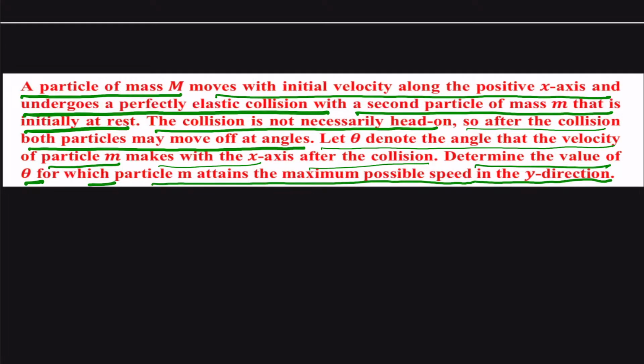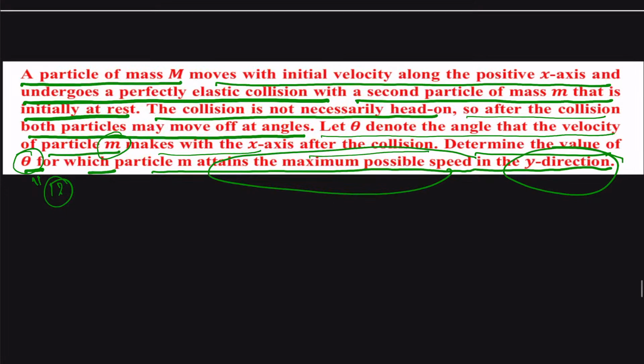So this is basically the same as elastic collision between two bodies. One body is at rest, the other one is moving, and we are going to find out that the body whose mass is small m, making angle of theta with the horizontal, should have the maximum possible speed along y direction, and for that maximum possible speed we are going to find out for what value of theta that is going to happen.